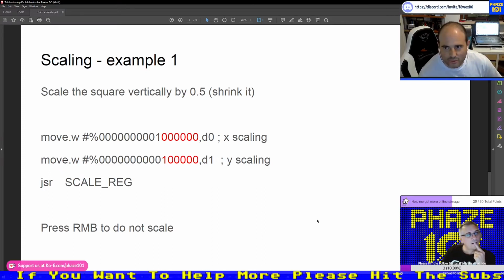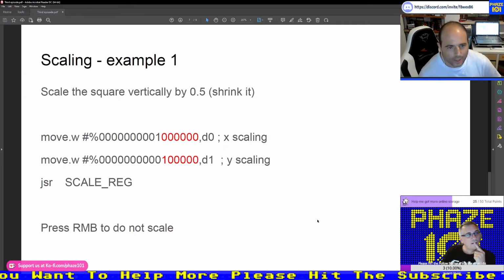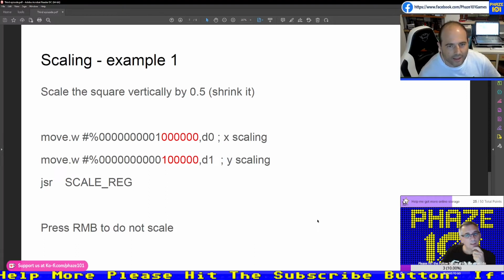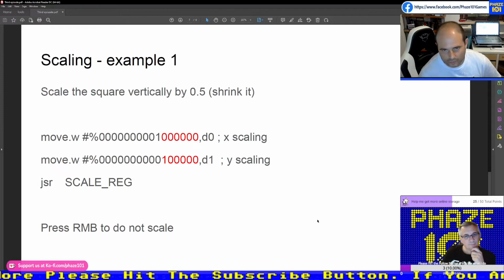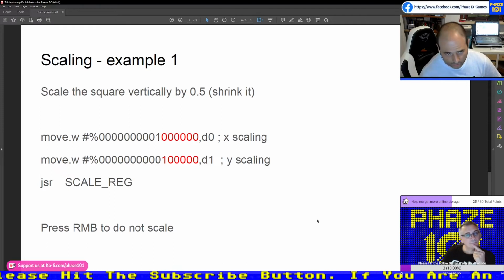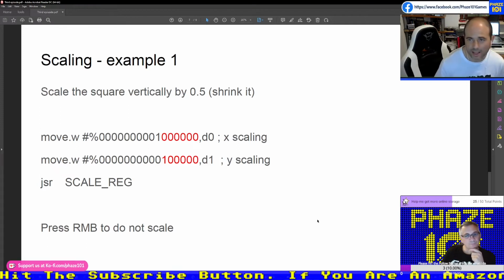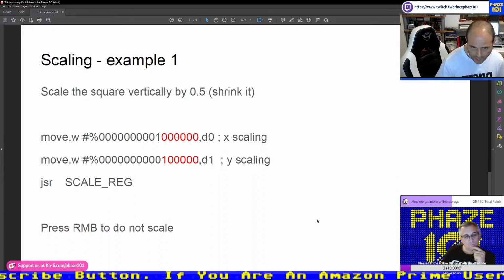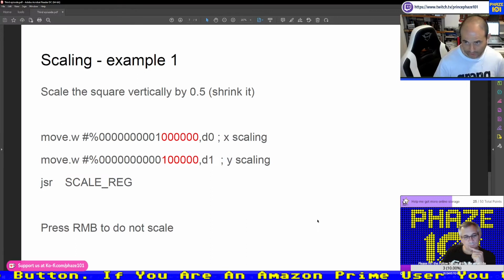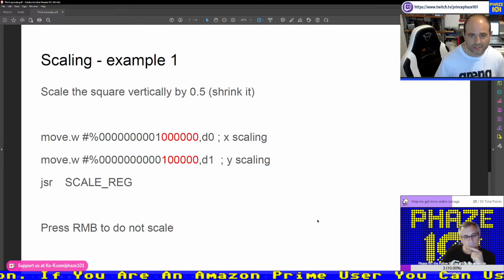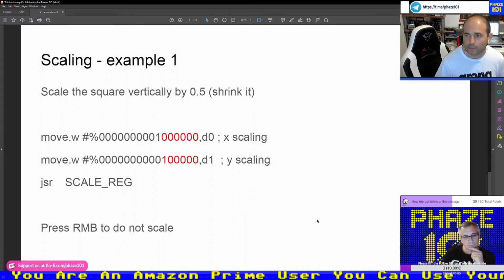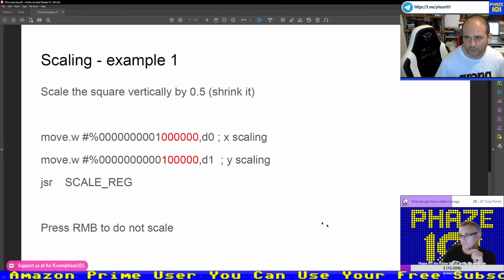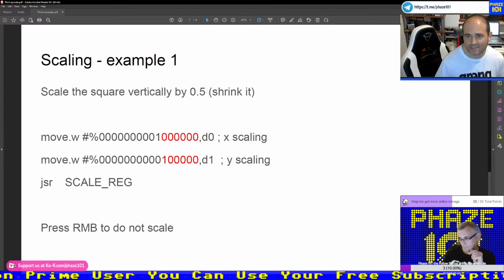Scale the square vertically by 0.5. We are shrinking it. This is a copy and paste of the relevant part of the code. And what is important here is to understand that into D1 we are storing the value 0.5 for Y scaling.